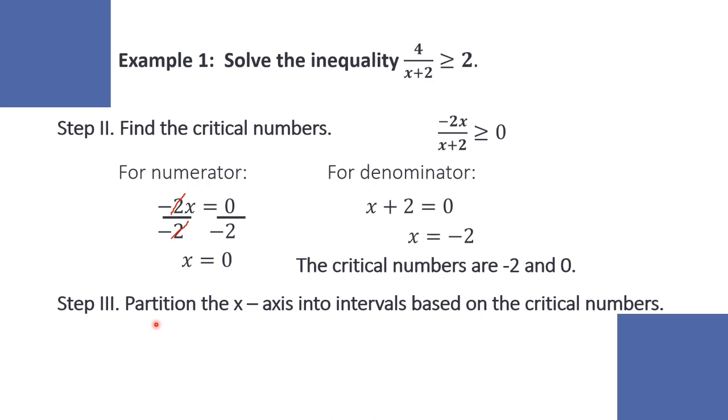Step 3. Partition the x-axis into intervals based on the critical numbers. So we are going to graph the critical numbers on the number line. Negative 2 and 0 are here. Why is negative 2 hollow? It is hollow because if we substitute negative 2 into the inequality, negative 2 plus 2 in the denominator is equal to 0.